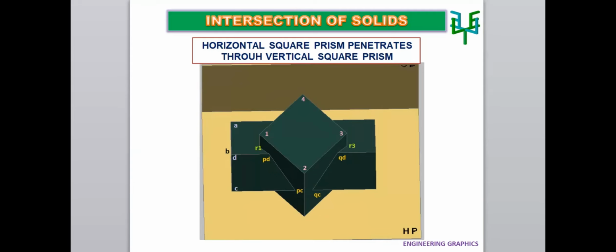We will start drawing the plan first. Because the base of the vertical prism can be seen in the plan, with all the sides equally inclined, that is 45 degrees inclined to the XY line.